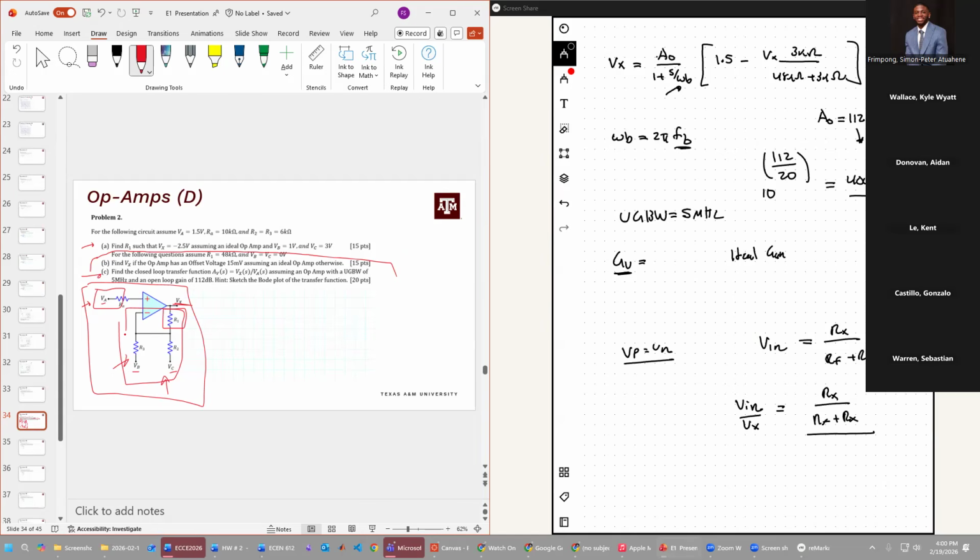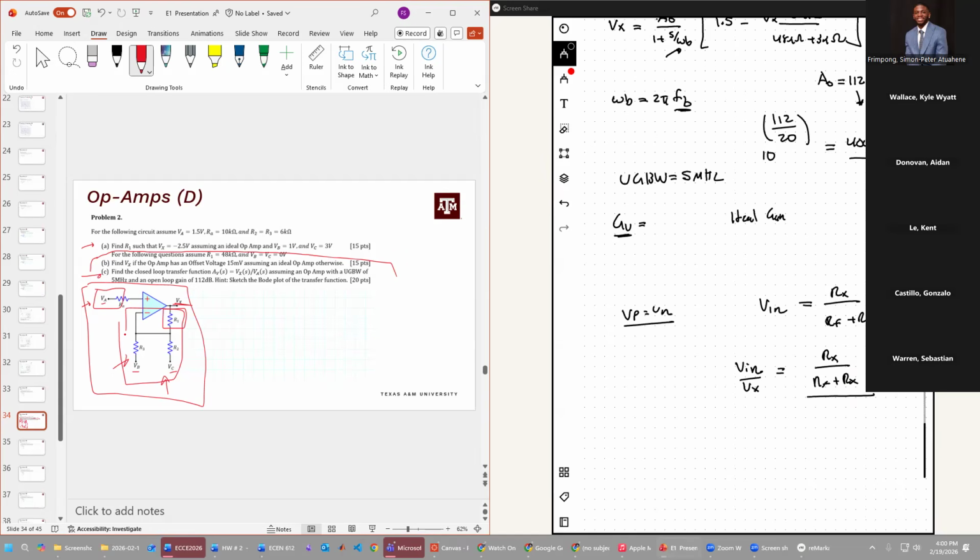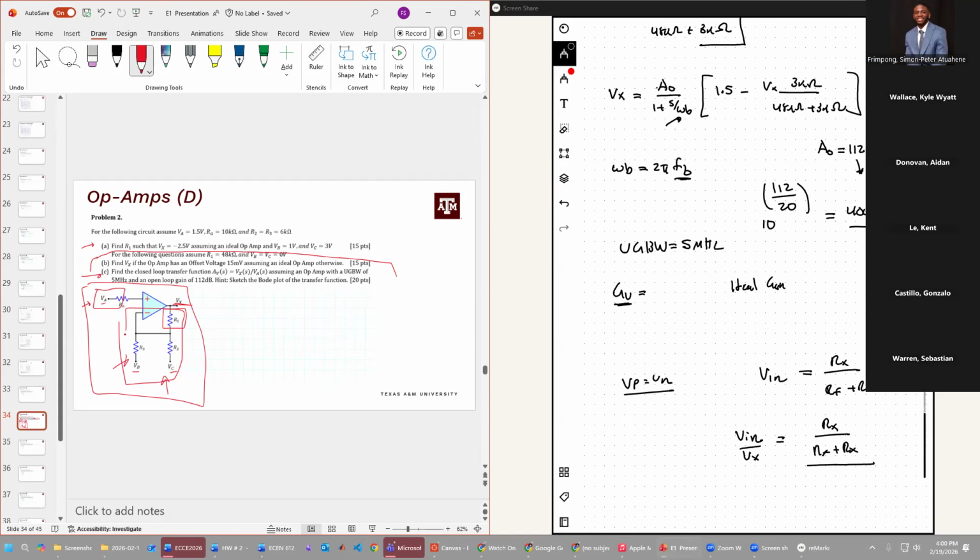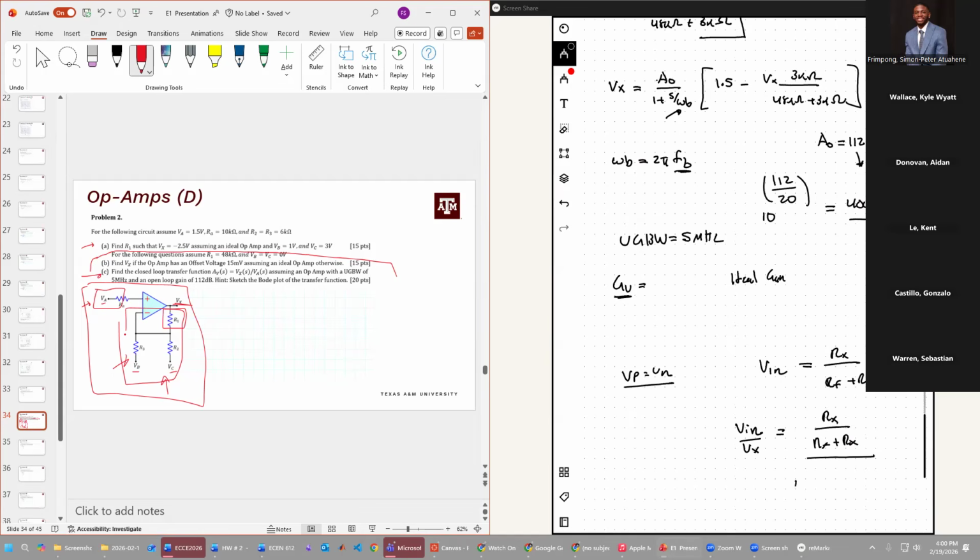I think that's correct. And I'm pretty sure this is the same as this. Or am I thinking about this wrong? Oh yeah, sorry. The gain is output over input, so Vx over Vn.